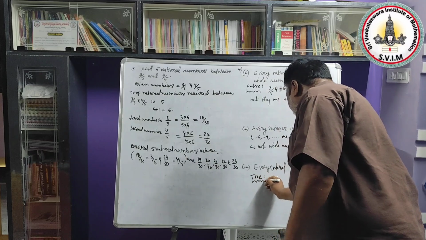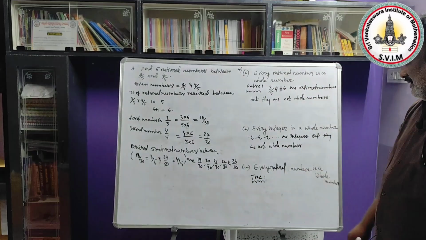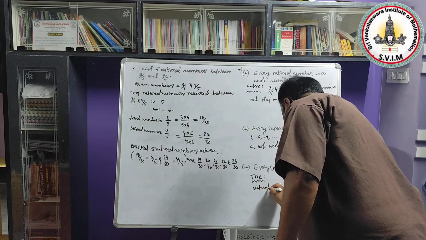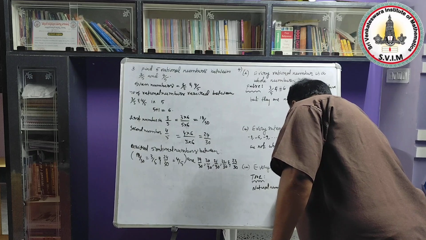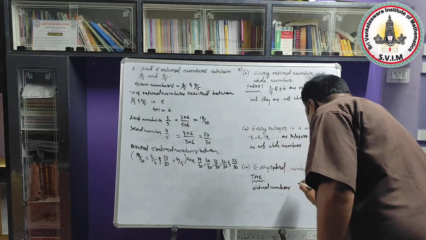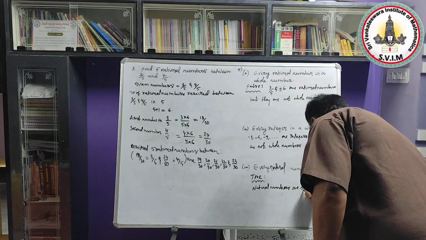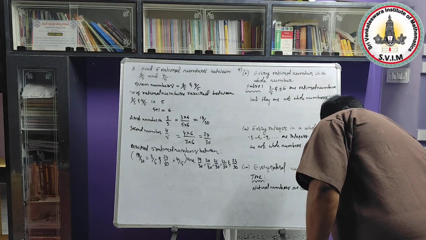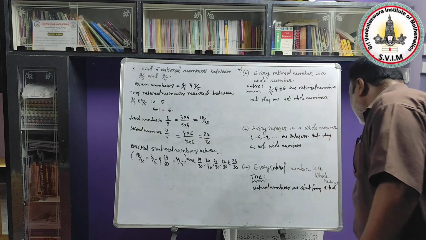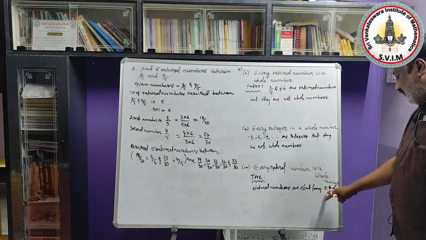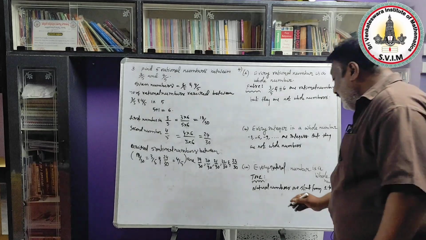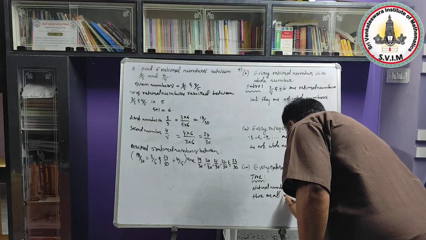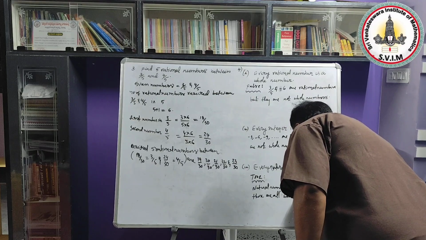If you want to write the reason for this statement: natural numbers start from 1 to infinity. These are all whole numbers.